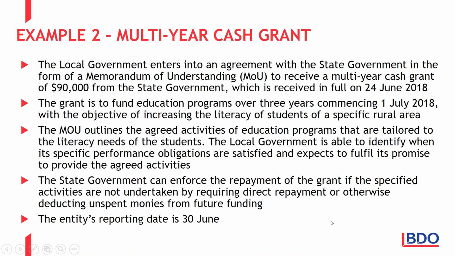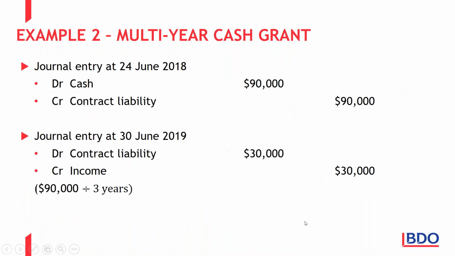So we received all the money on the 24th of June. Our reporting date is 30 June. We know we're applying AASB 15. So in this instance, on the 24th of June, when we receive the cash, we debit cash 90,000, credit the contract liability 90,000, and then over the next 3 years, on the assumption that we're spending it evenly over the 3 years, we'll debit the contract liability, credit income.